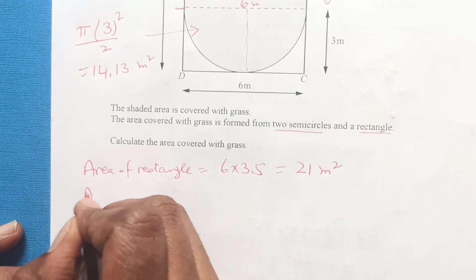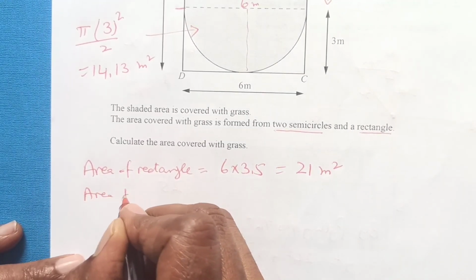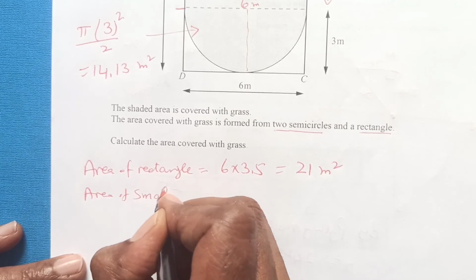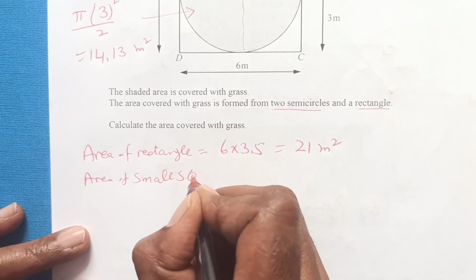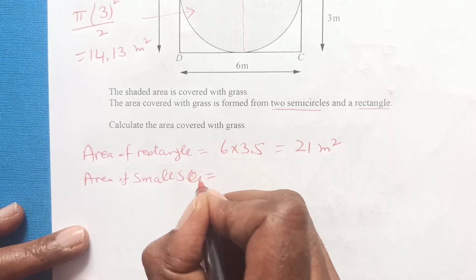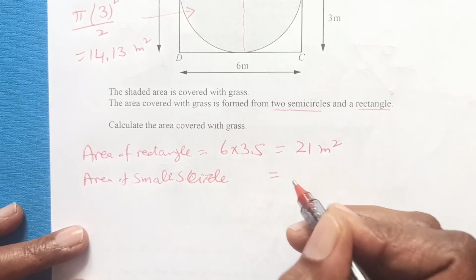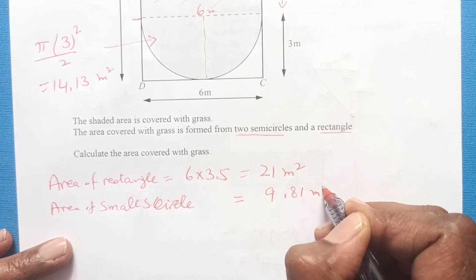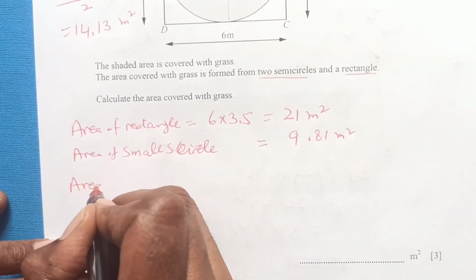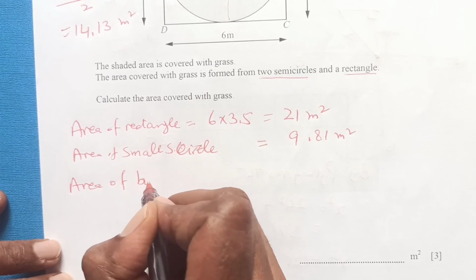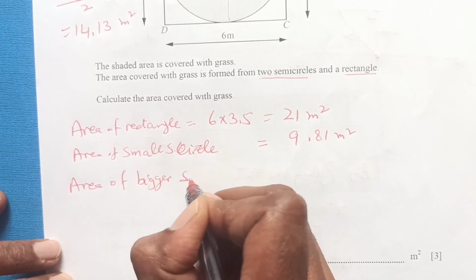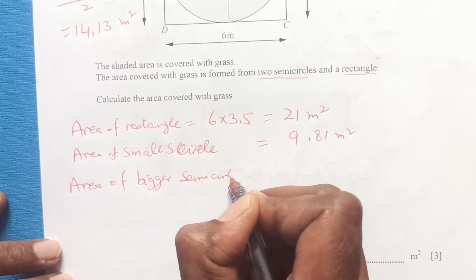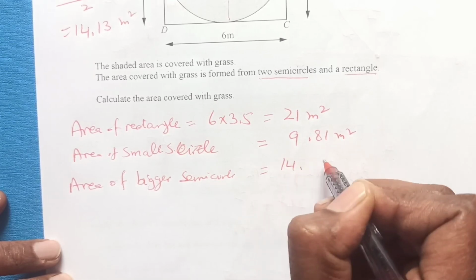So the area of the small semicircle is 9.81 meter squared, and the area of the bigger semicircle is 14.13.